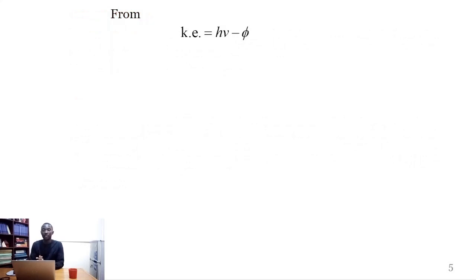So from the expression kinetic energy equal to h, which is the Planck's constant, times frequency minus the work function, we can further write that kinetic energy is equal to h, the Planck's constant, times the speed of light divided by wavelength of light, where c over lambda represents the frequency, minus the work function.